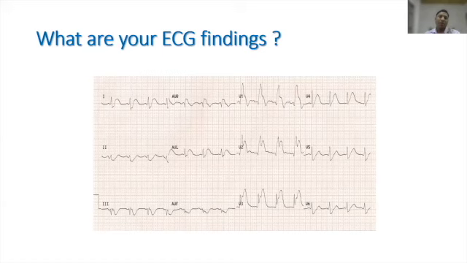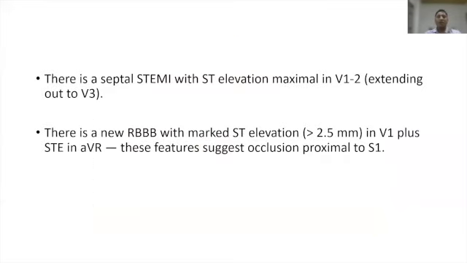So acute onset of right bundle branch block with ST elevation MI. What does it indicate? This indicates the patient has occlusion at proximal LAD or before that. That means your left main coronary artery or up to your first septal branch in the LAD, you may have the occlusion. That means that patient is a very high risk patient, right?